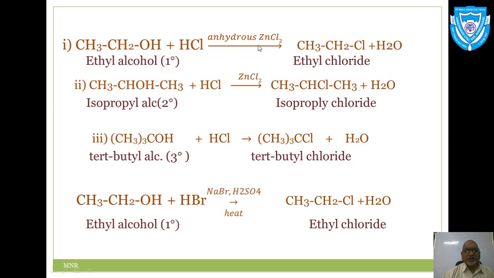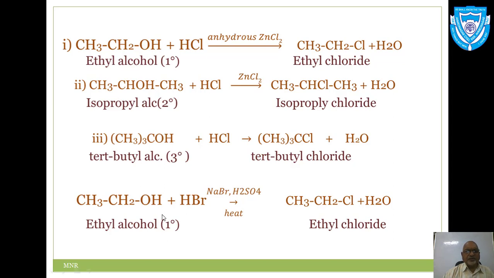If you compare all these three reactions, primary, secondary and tertiary: primary requires anhydrous ZnCl2, secondary requires ZnCl2, but tertiary requires no catalyst. So in short, tertiary is more reactive than secondary, and secondary is more reactive than primary. Otherwise, the most reactive alcohol is tertiary, then secondary is less reactive, and primary is the least reactive.